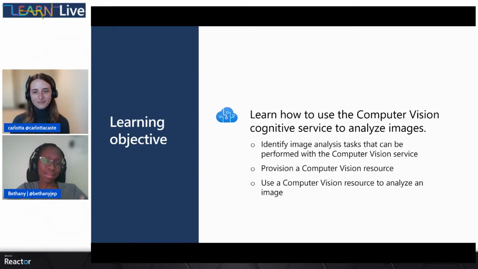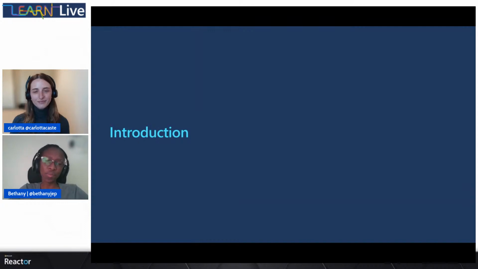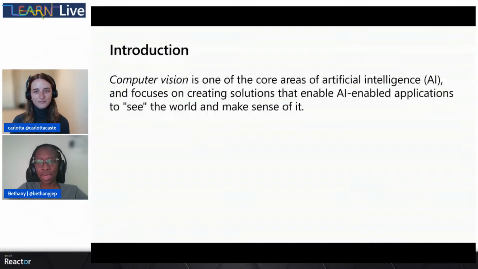Yeah, so let's first get started with what exactly computer vision is and the theory behind it. Computer vision is one of the core areas in artificial intelligence and focuses mainly on creating solutions that enable AI-enabled applications to basically see the world. From this, computer vision systems are capable of processing images either from a live camera feed or from digital photographs and videos.